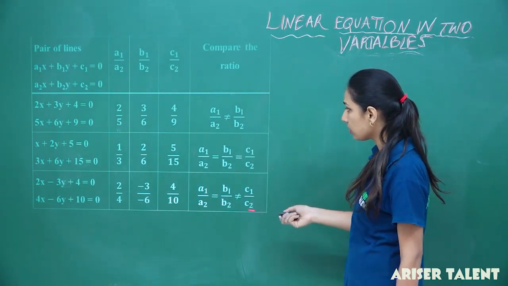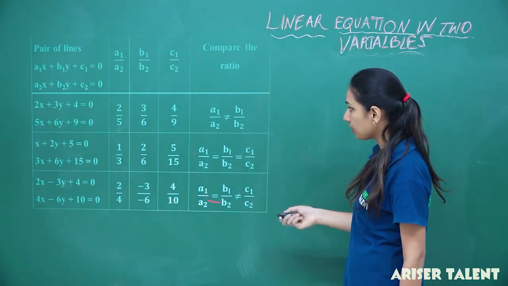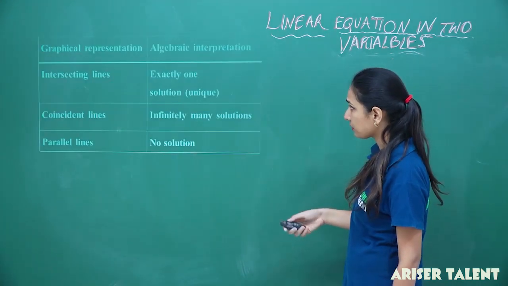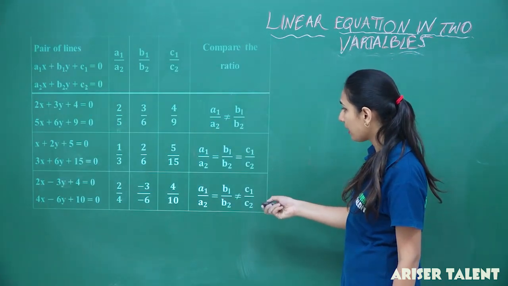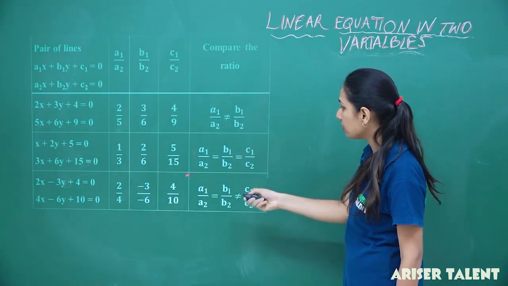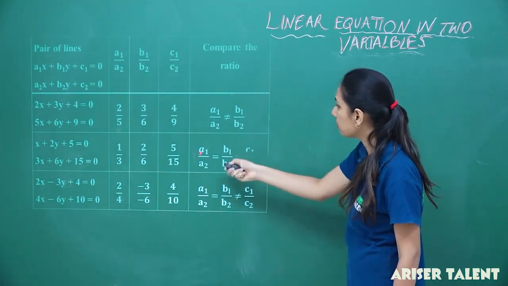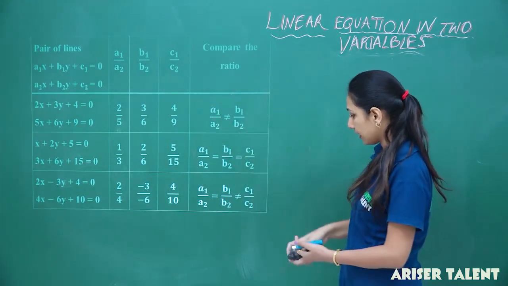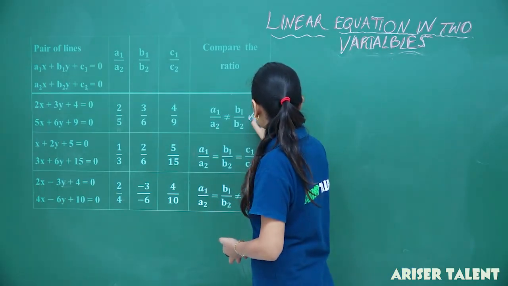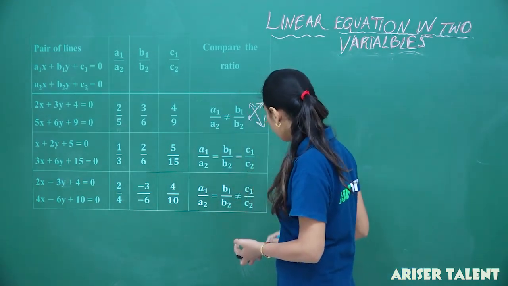And which is what, these are parallel lines, right? Now, this is not a parallel line, this is a parallel line, this is overlapping and this is intersecting. So this is intersecting, right?